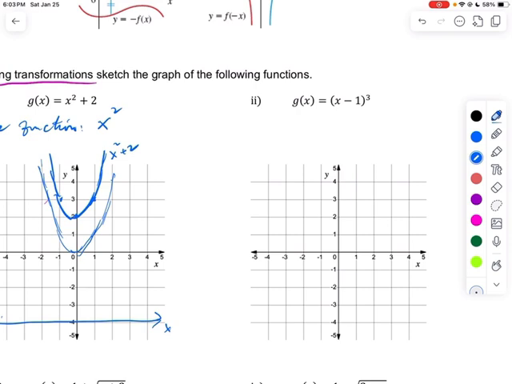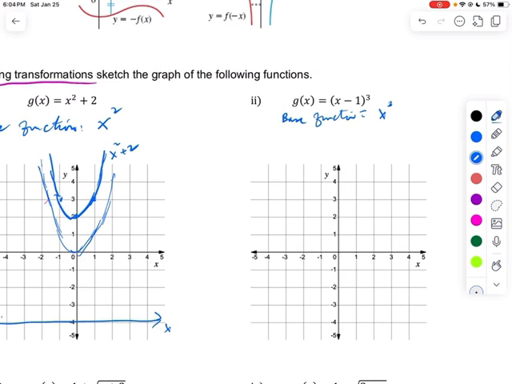So now the second part is g of x is equal to x minus 1 whole cubed. So what is this? We have a number which is being subtracted from x, and the base function here is x cubed, and this 1 is being subtracted from the x value, so this is a horizontal shift. Now you have to recall whether it's to the right or to the left.